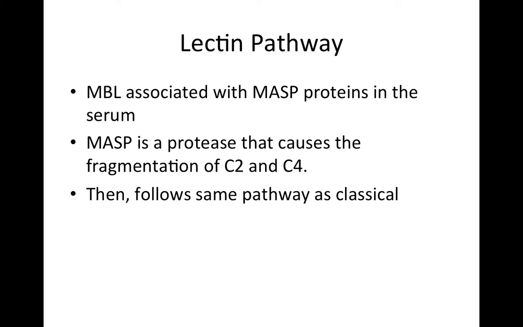The lectin receptor takes the place of the C1 complex, because it's the antigen recognition receptor, and the MASP functions as C1s does, because it's a protease. The lectin and classical mechanisms are very similar, but the biggest difference is that the lectin pathway is part of the innate immune system, so you don't have to have had prior exposure to the pathogen, as you do with the classical pathway.